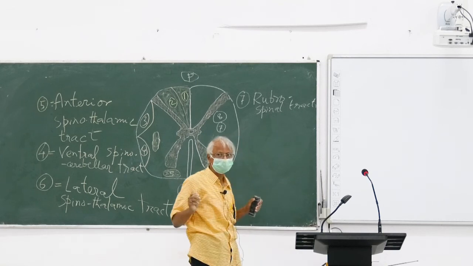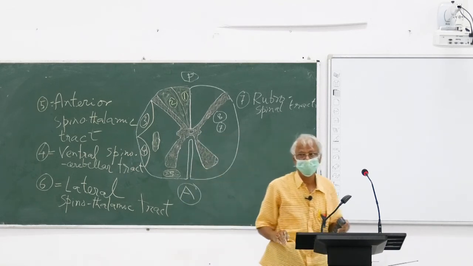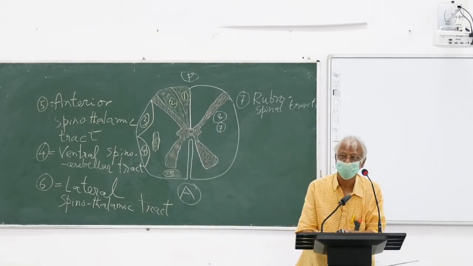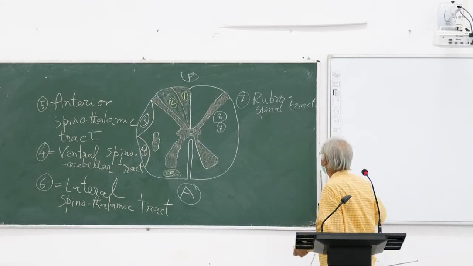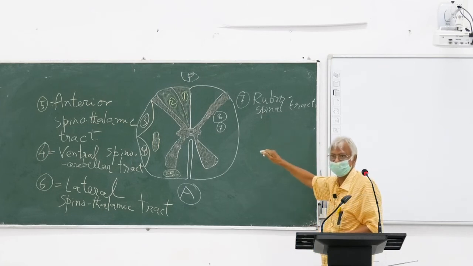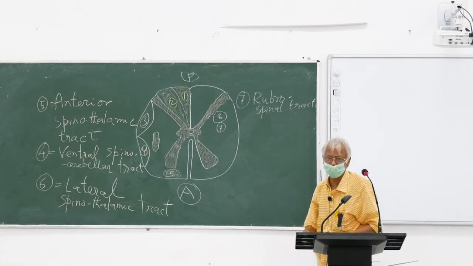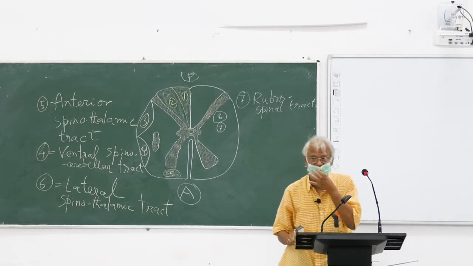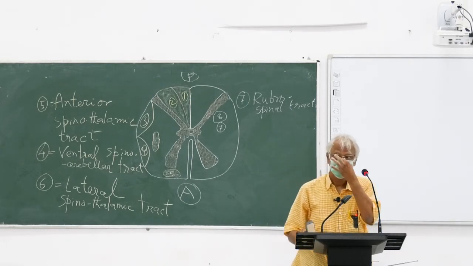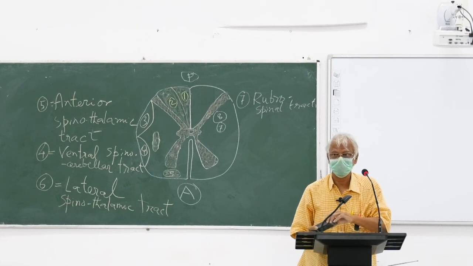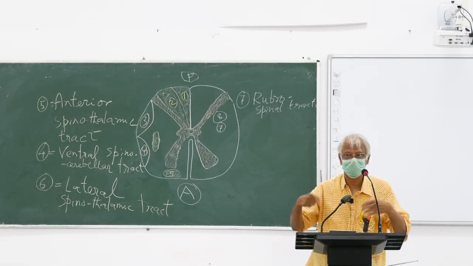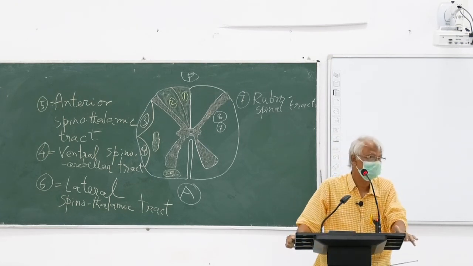See the ascending tract with the nomenclature, we start from spino. Spino means starting from spinal. And descending tracts, the nomenclature, we end with spinal. Rubrospinal, from the rubronucleus, that means red nucleus. Either you have learned in anatomy or you will learn a little later what is red nucleus.